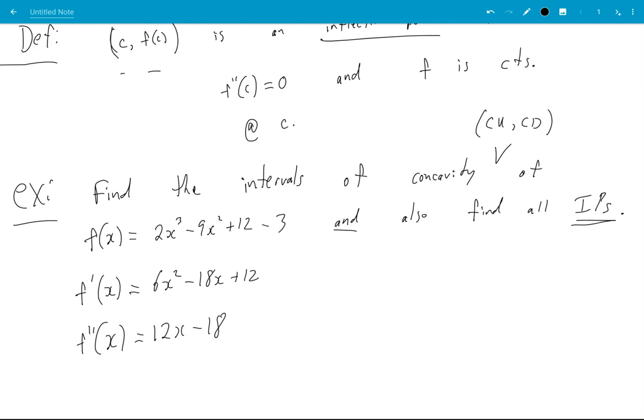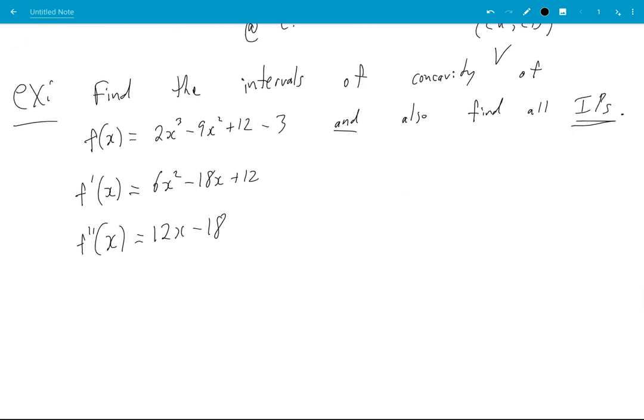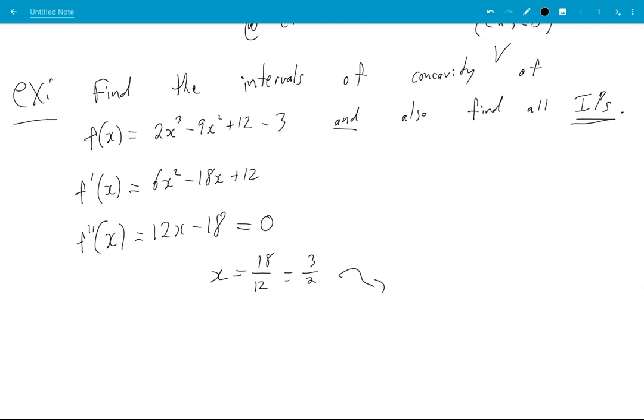So if you look at your concavity test, which you just wrote down, I need to find out when is f double prime positive and when is it negative. So I start by asking when is it 0? Well, I get x is equal to 18 over 12, which is 3 over 2. And from that, you can form a number line. Put 3 over 2 there.